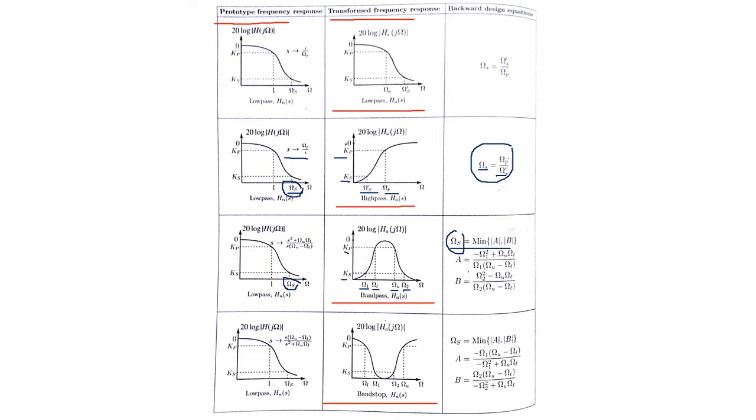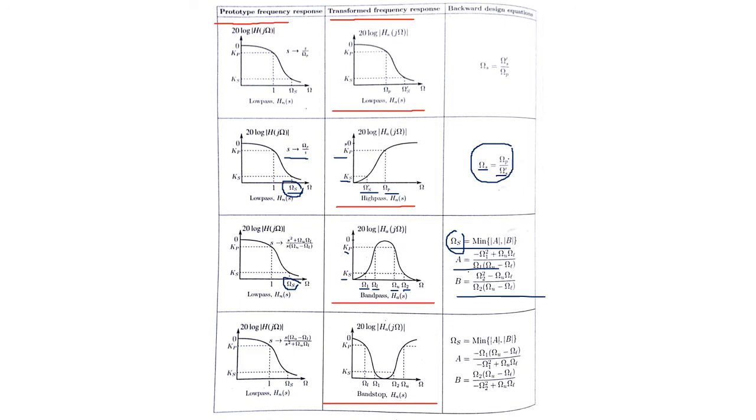This is a and this is b, that is a is equal to minus omega 1 square plus omega u into omega l divided by omega 1 in bracket omega u minus omega l. Similarly, this is b. First calculate a and b value, then take the minimum of these two, whose value is minimum, that we are supposed to consider as omega s.